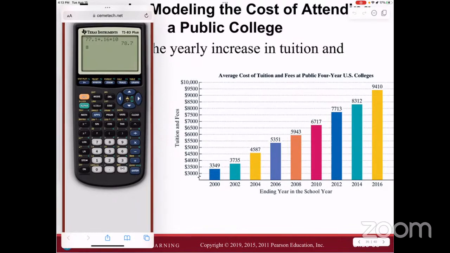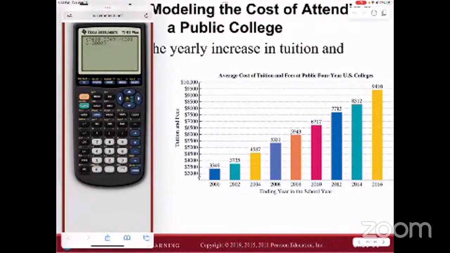9410 minus 3349, divided by 2016 minus 2000. Okay. It seems like each year is increasing by almost $380.